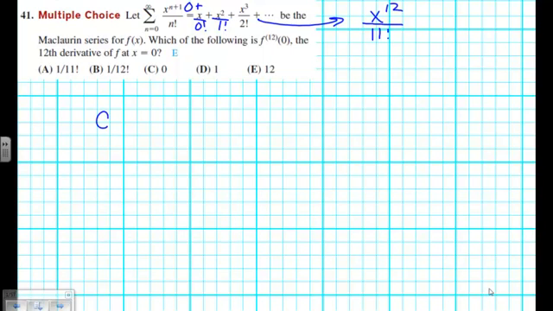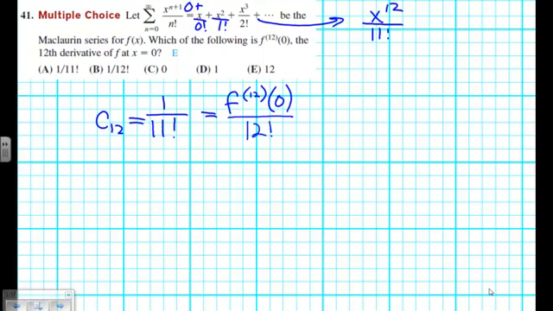Now, here's what I know. I know that C12, which is the coefficient on x to the 12th, 1 over 11 factorial, is equal to the 12th derivative at 0 divided by 12 factorial.